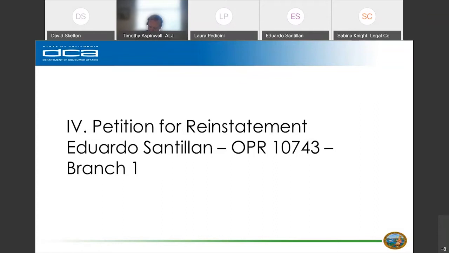The original accusation included violations of the following business and profession code sections: 8505.13, 8514, 8516 subdivision B, 8639, 8648, 8650 subdivision B, and 8651.